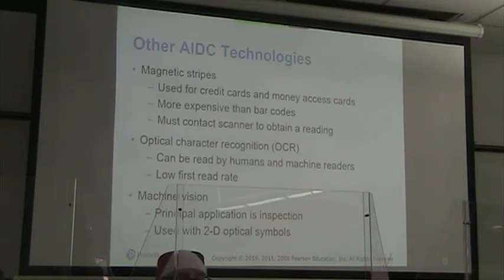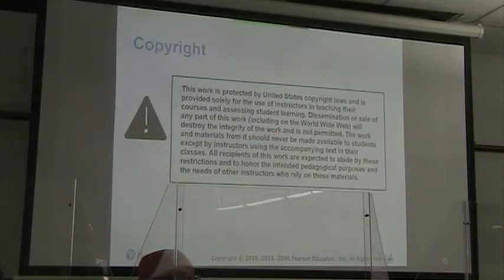Optical character recognition: the advantage there is it can be read by humans as well as machine readers. But you have a low first-time read rate. With machine vision, the typical application is inspection, but it can be used with 2D optical symbols. And there you go.